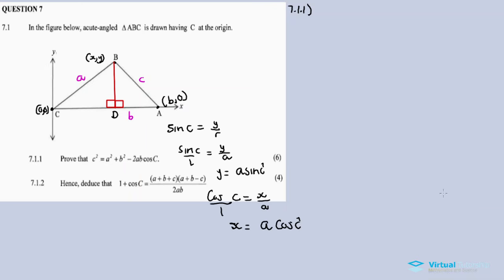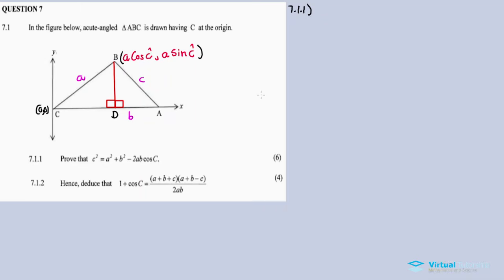Now my coordinates for B are (a cos C, a sin C), and then A is (b, 0).